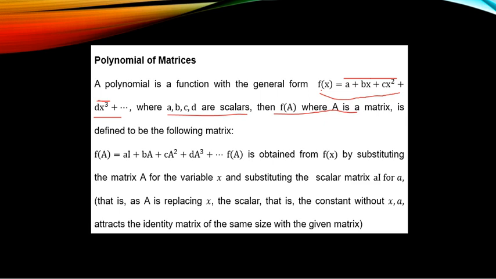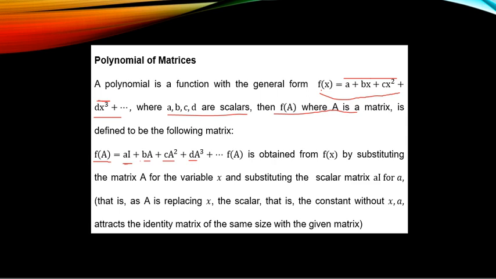So you replace s with A, you have bA, then cA squared, dA cubed. As you are doing that, the term without s, that is a, attracts the identity matrix, that is matrix I.